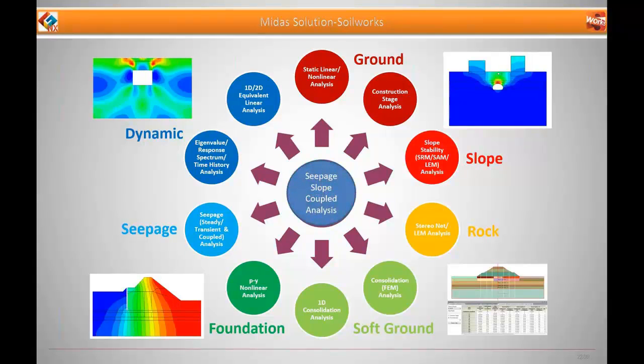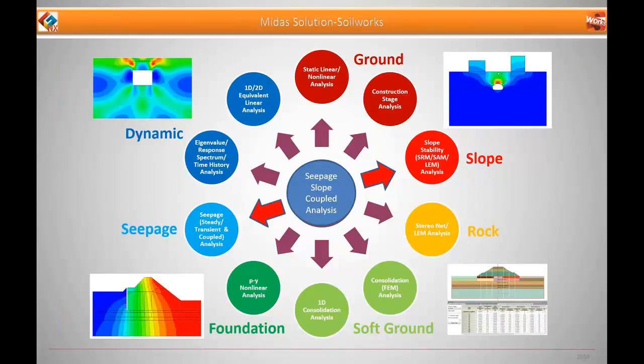Seepage slope coupled analysis, as I discussed earlier, needs two modules, the slope module and the seepage module. Basically, in the coupled analysis we first perform the seepage analysis, let's say on a dam. Then we extract the pore water variation in the dam and take the pore pressure results to the same model in the slope module.